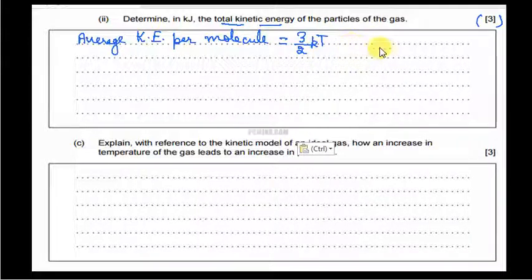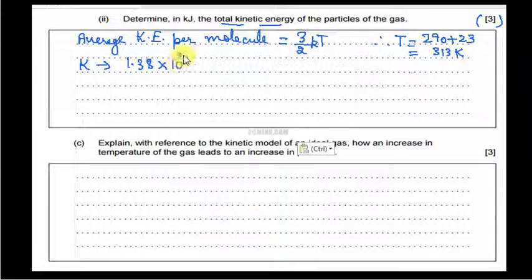So what is the temperature now? We have already seen in the previous part that the temperature was increased by 23. We started with 290. Therefore, T in this case would be 290 with what we started plus 23 when the temperature rose. So you have the temperature now as 313 Kelvin, and k, the Boltzmann constant, its value is 1.38 into 10 to the power minus 23.